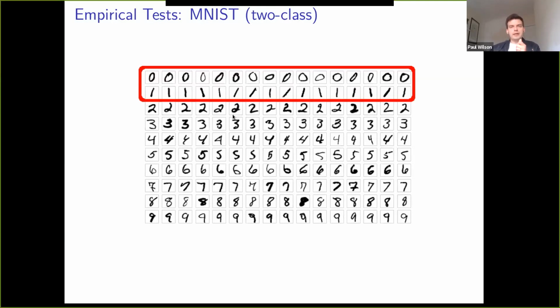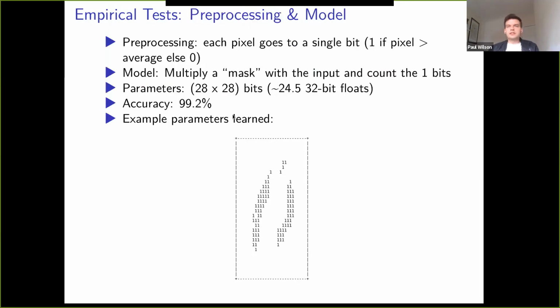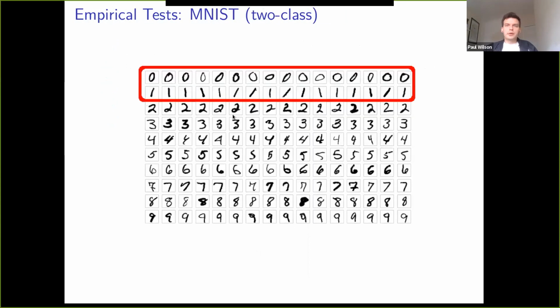Those 8-bit pixels, we just crush them down into a single bit, which is 1 if the pixel value is larger than the average pixel value across the whole data set. The reason we do that is otherwise we have to start including complicated machinery to figure out what's the meaning of an 8-bit number, and this is just a bit simpler. So we have a simpler problem in some ways in that it's binary classification, but in another way we've thrown away a lot of information in the input data.